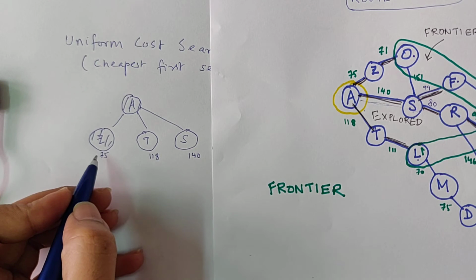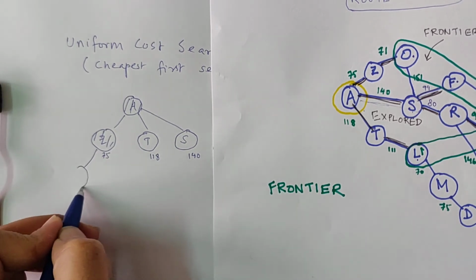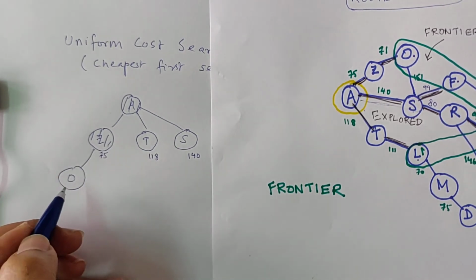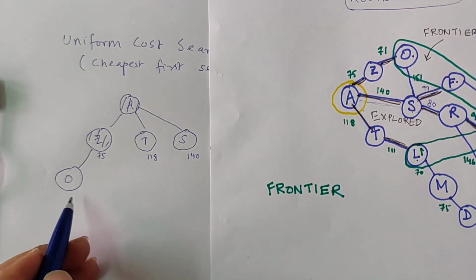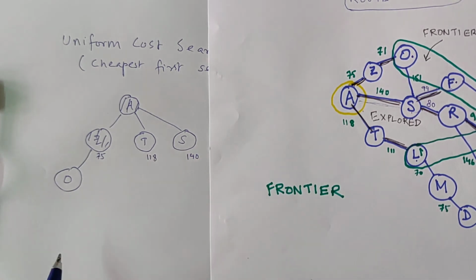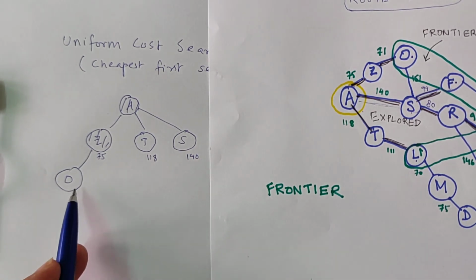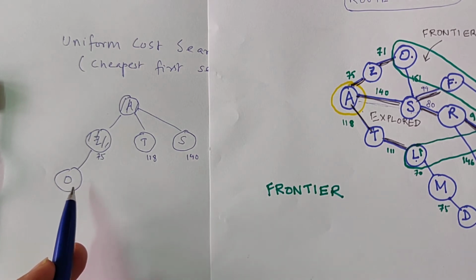By exploring Z, I get O. Since A has already been explored, I will not explore A again. But what is in my frontier now? O, T and S. But what is the path cost for O? Be very careful here.